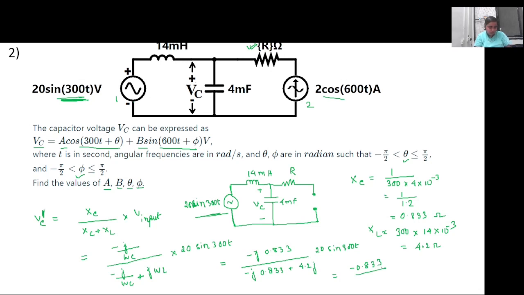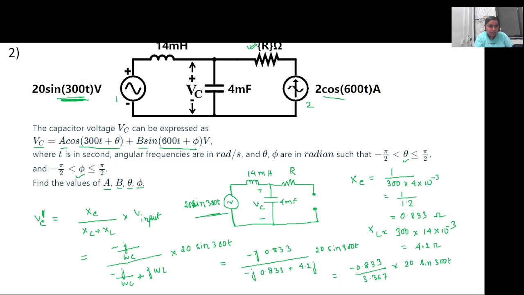So 4.2 minus 0.833 comes out to be 3.367. I have gotten rid of this j because it is there in the numerator and denominator. So 20 sine 300t.